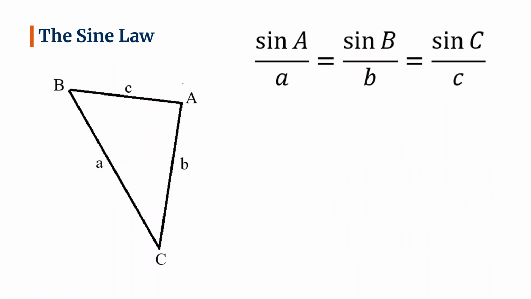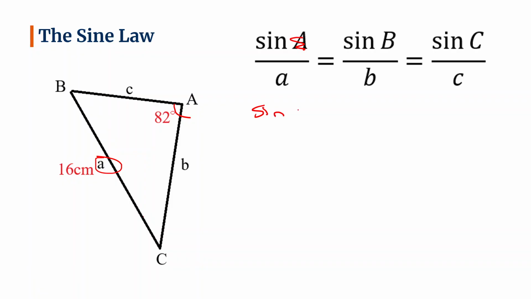So obviously we need to know the names of the angles and the sides, as we've been talking about. But I just want to take a moment and explore with you what is happening in the sine law. So let's say that I told you the measure of angle A and the measure of side A. So I knew that sine A should be sine 82, and I knew that little a, side A, should be 16.